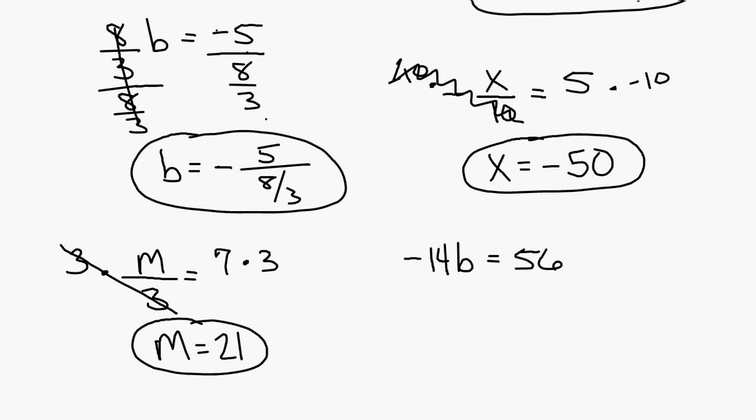Divide by negative 14. So divide by negative 14 and divide by negative 14. The 14s cancel out. The b falls straight down and the b is equal to negative 4.